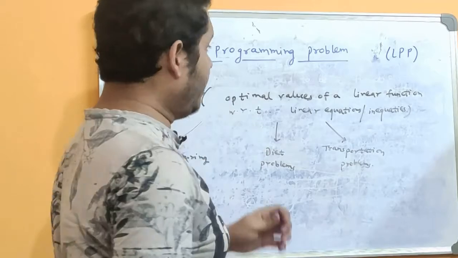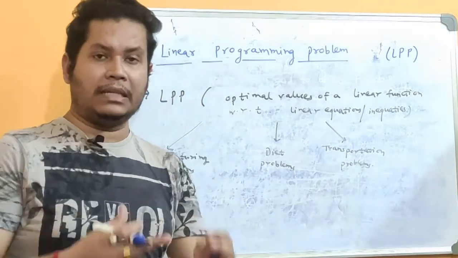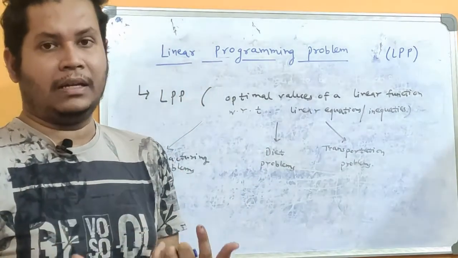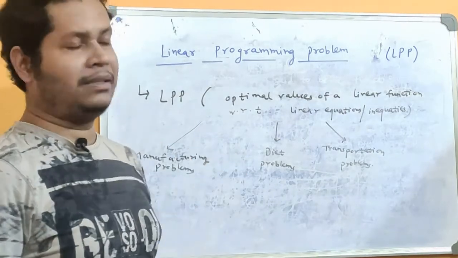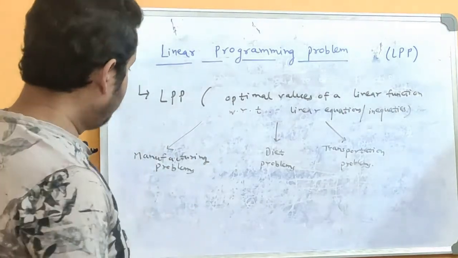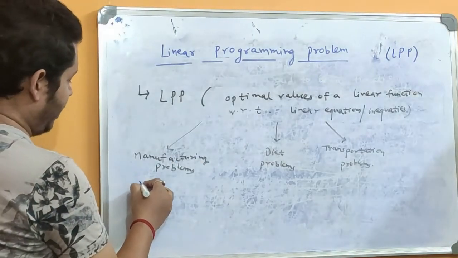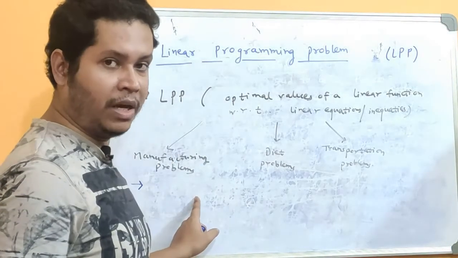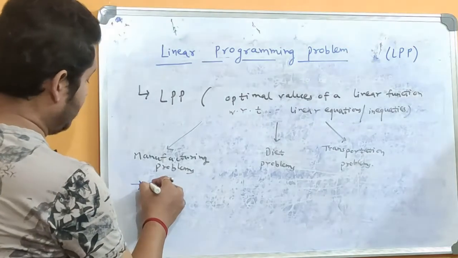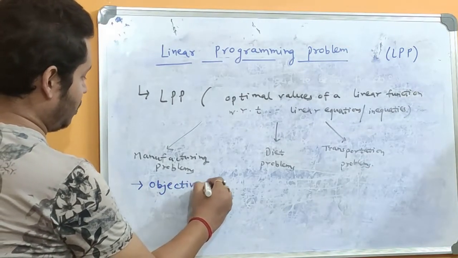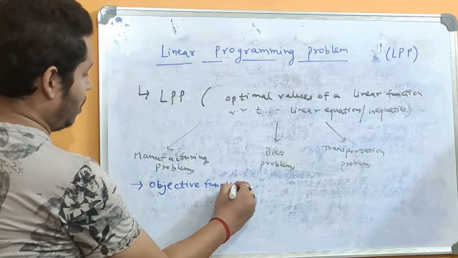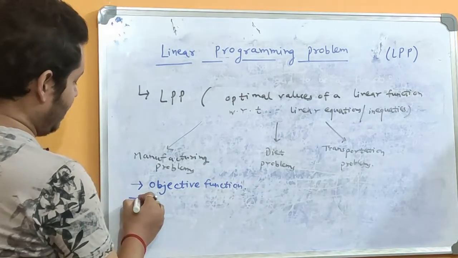Okay, we have already seen the different types. Then in an LPP, we've already seen that it is expressing a particular situation in a mathematical form, right? So what are the things that are going to be there? Let us see in brief. In any LPP we are going to have these things. The first is an objective function, like the way I showed you earlier.